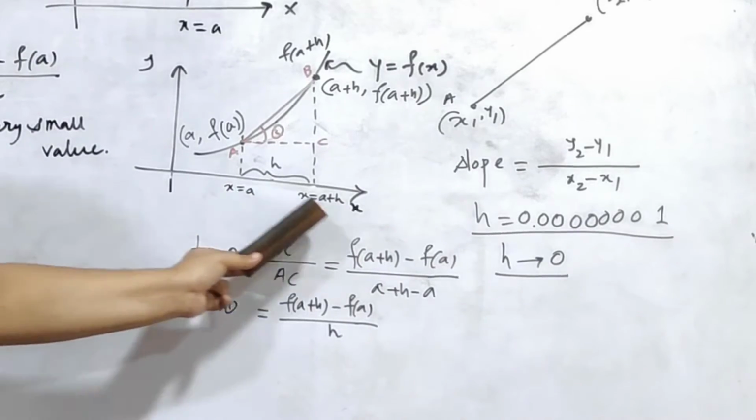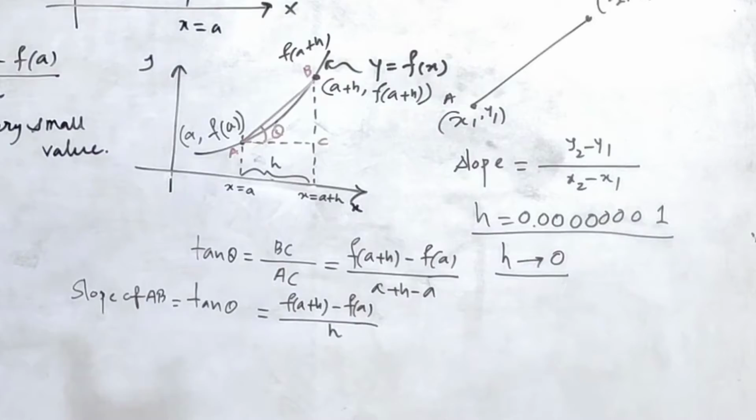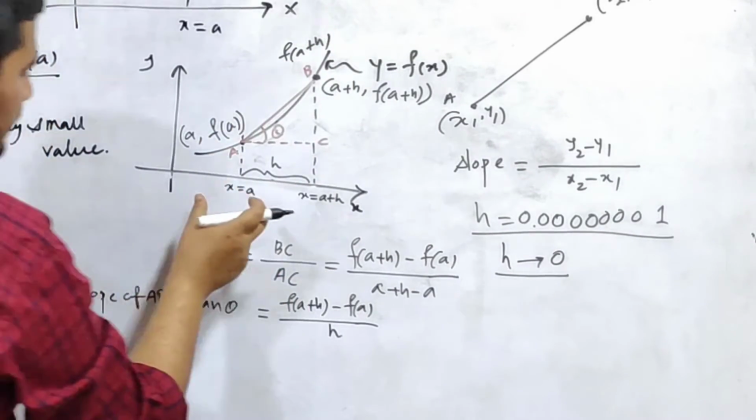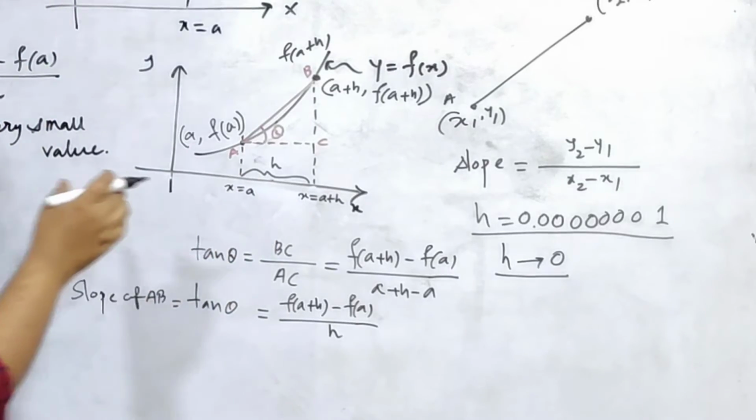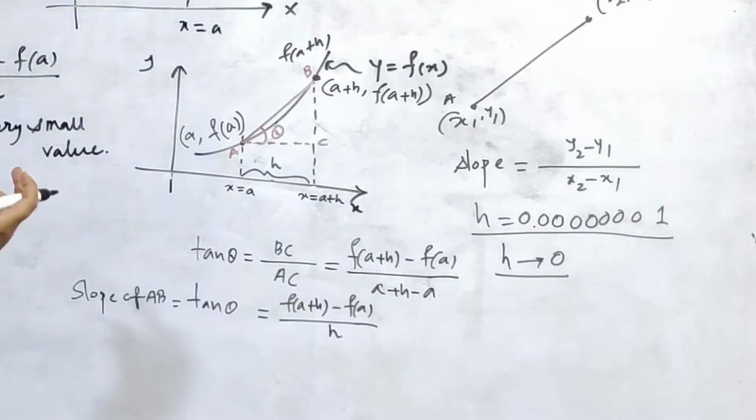So when H tends to 0, this AB will still denote the slope of this curve f(x), but that will be at a particular point x equal to A. So x equal to A and x equal to A plus H will converge to a single point.